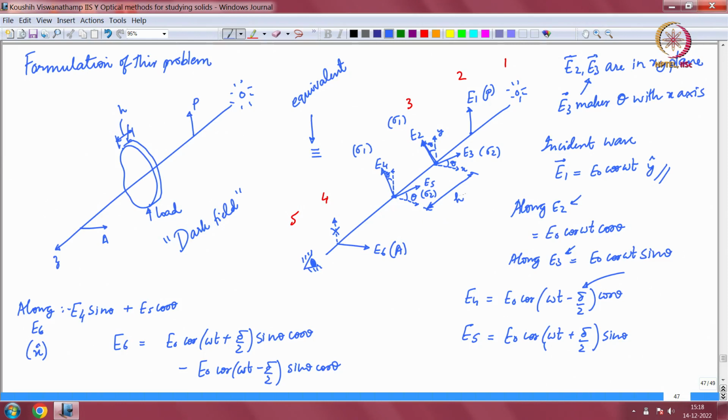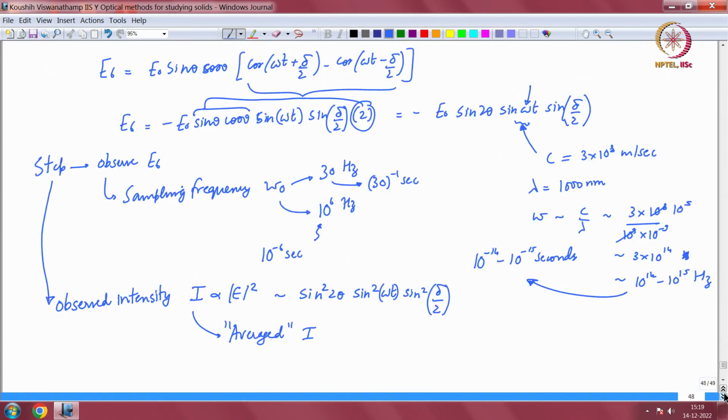So, the net change is delta, and if you do that and then you recombine at the end, the analyzer being perpendicular to the incident polarizer is going to basically give you the x component of the final field, and that we determined from here, and we saw that it is going to be something that looks like a combination of trigonometric terms. It has this E naught sin 2 theta sin omega t sin delta by 2 type of thing.